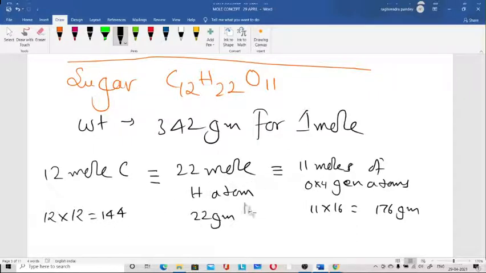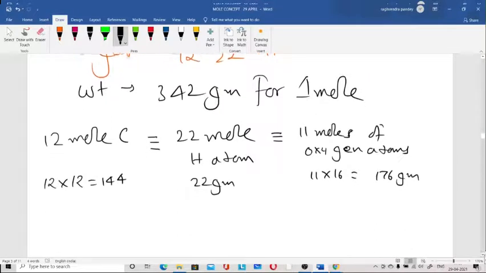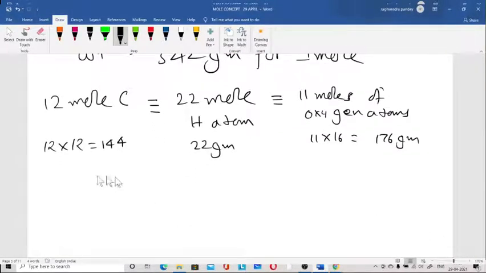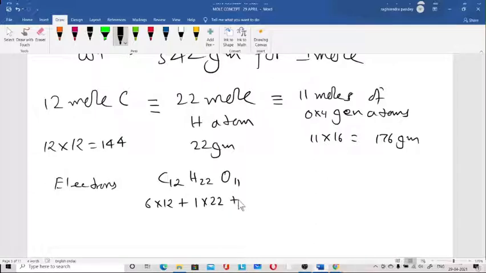And then you can also calculate the electrons in the same way. If we talk about the electrons here, C12H22O11. Carbon has 6 electrons, so 6 into 12, plus hydrogen has 1 electron, so 1 into 22. Oxygen has 8 electrons, so 8 into 11.